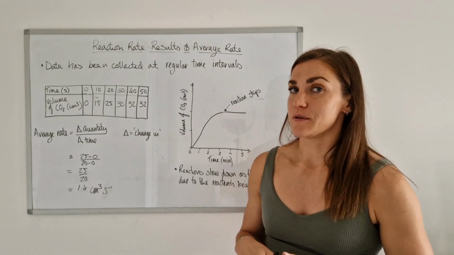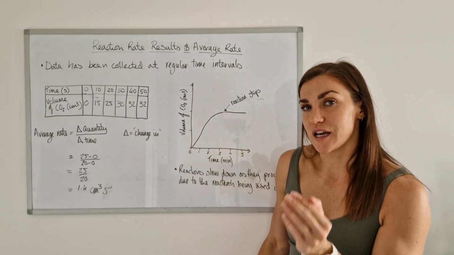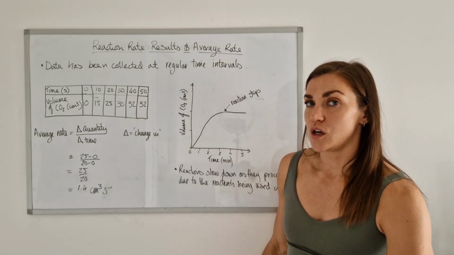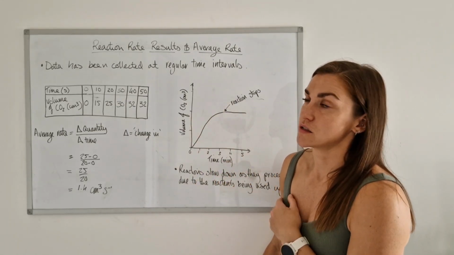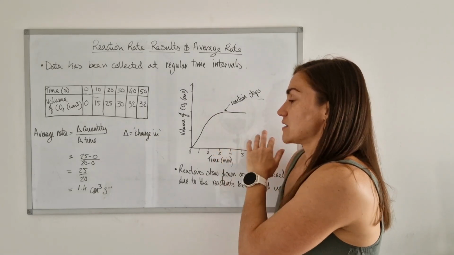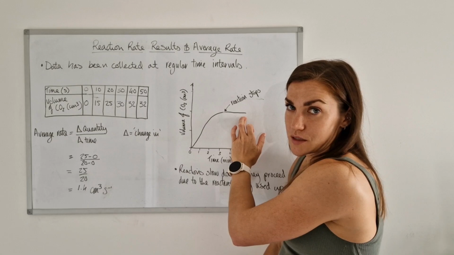What sometimes happens is you'll get questions with graphs like this and be asked to identify which graph would occur if you were to double the concentration of your acid. So if the acid's in excess, it's going to go up quicker, but it'll finish at the same place. Okay?